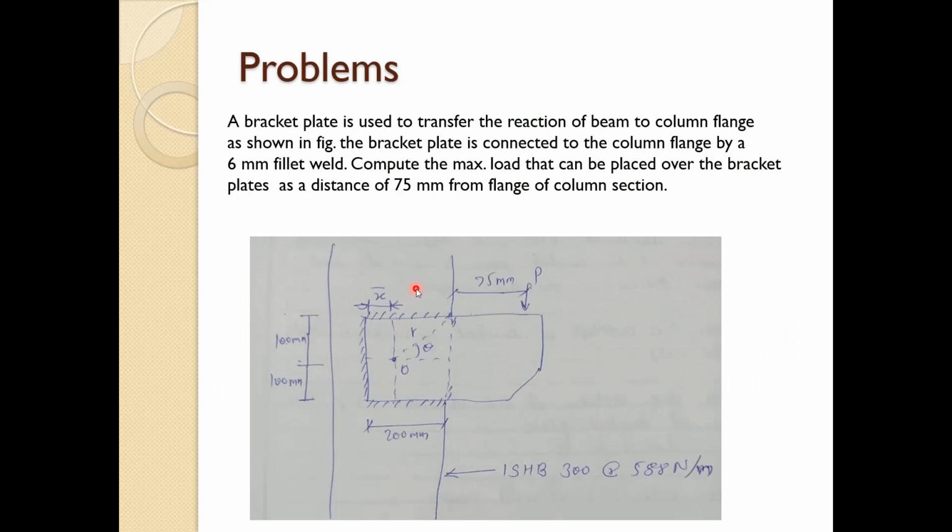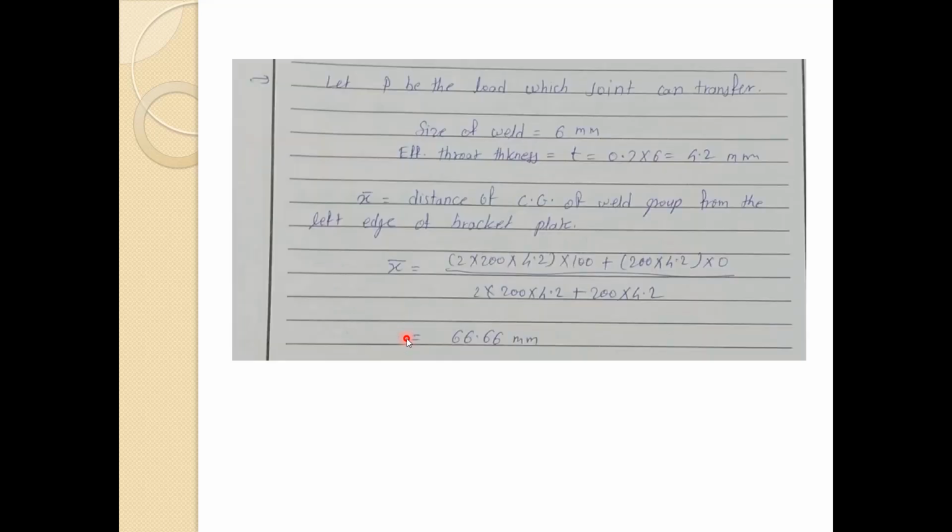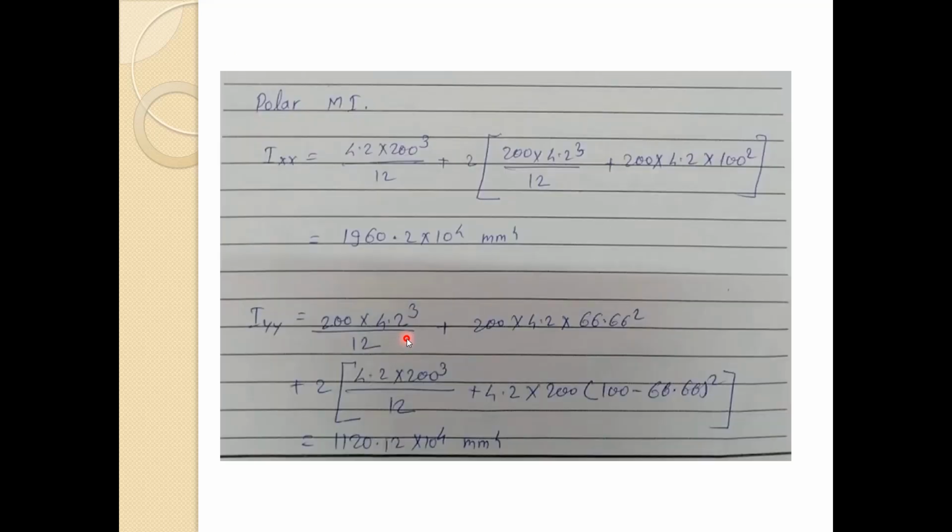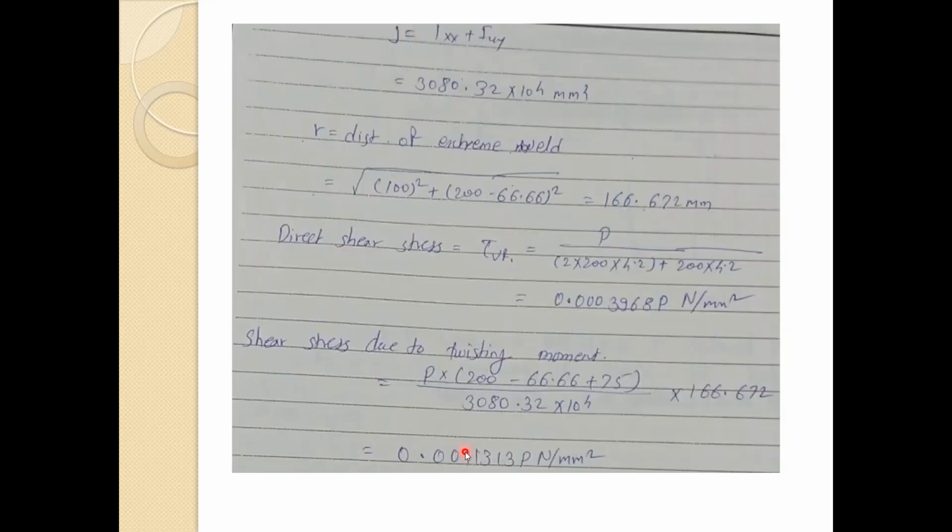So here we have the CG somewhere over here of these two welds, and weld group CG is over here. So distance between two CGs, that is 100 minus 66.66 square. So we are getting 1120.12 into 10 raised to 4 mm raised to 4.